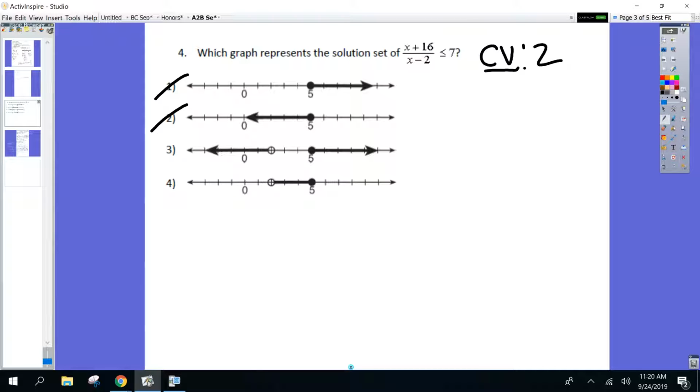All right, let's solve it now. Equal to 7 now. What's your common denominator? x minus 2, right? So multiply both of these by x minus 2.